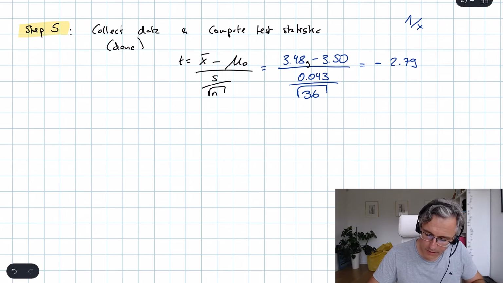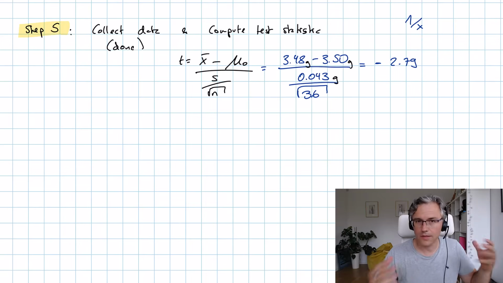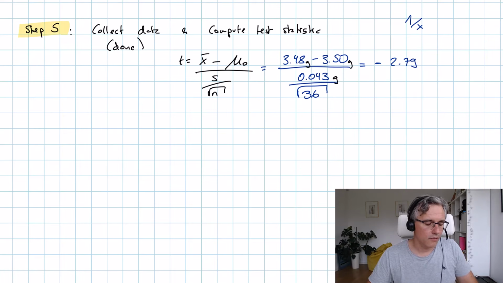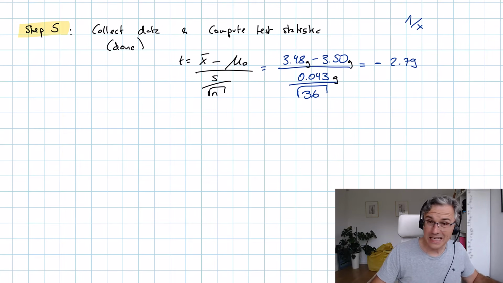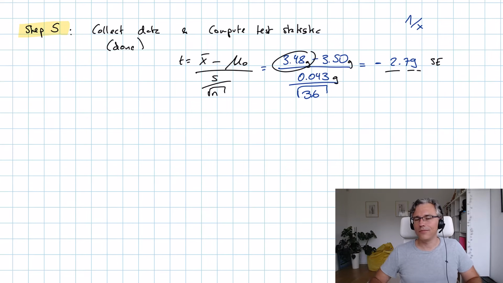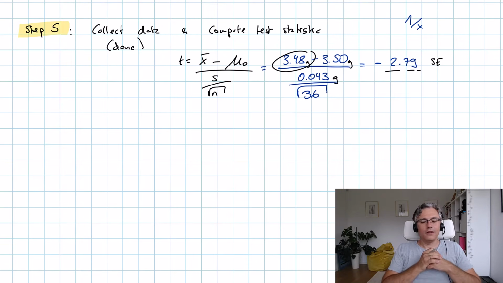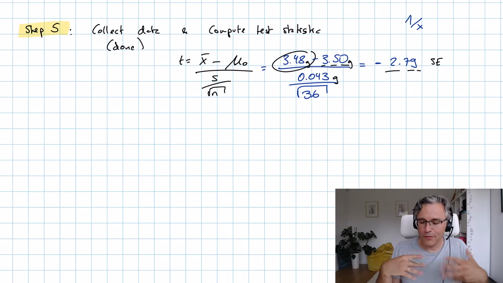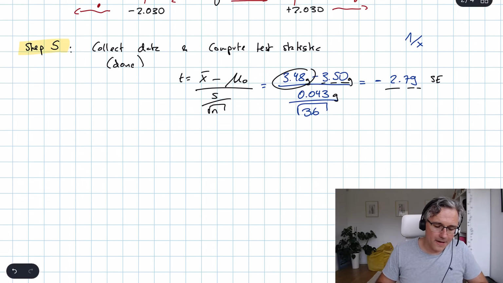We had grams over here, grams over here, so we had grams both in the top and the bottom of the fraction. So this is measured in standard errors. The value we got from the sample mean is 3.48. The value we wanted to have was 3.50, and that distance, although it's 0.02 grams, is actually 2.79 standard errors, and this is what matters.